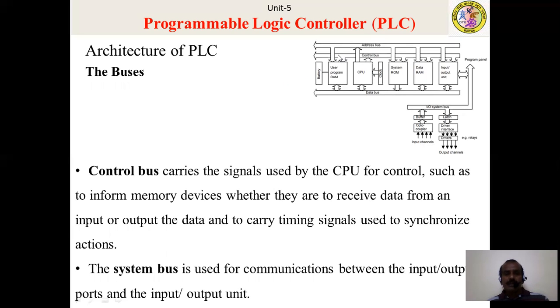Control bus: the control bus carries the signals used by the CPU for control, such as to inform memory devices whether they are ready to receive the data from an input or output the data, and to carry timing signals used to synchronize the various actions. The system bus is used for communication between the input-output ports and the input-output unit.